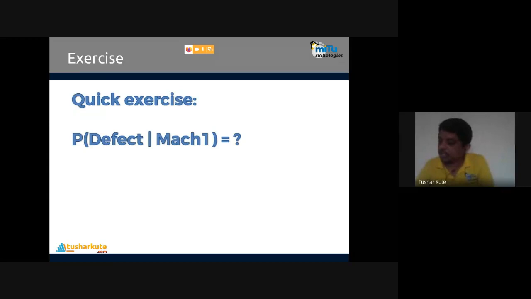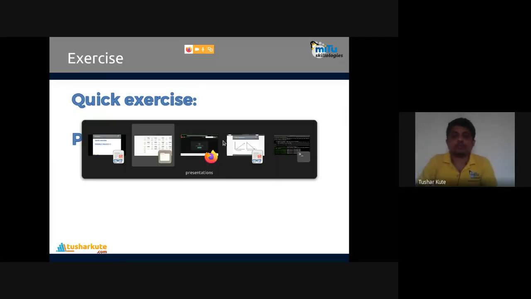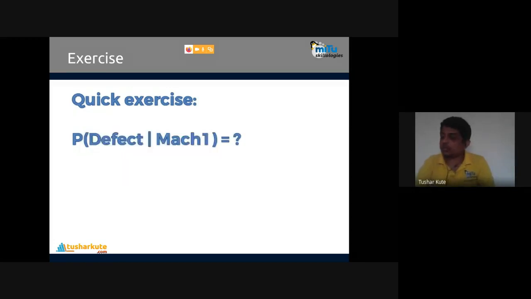Now, let's see what we will do. The thing is that now I want to perform the operation of prediction.